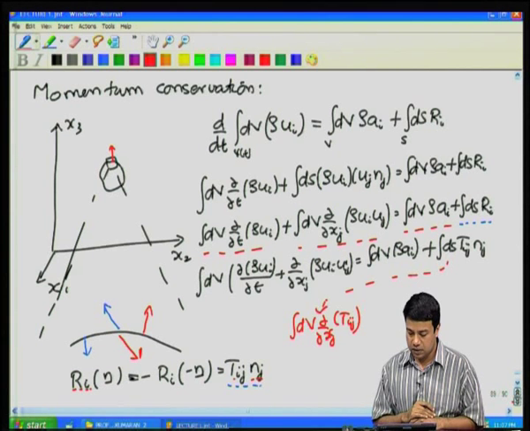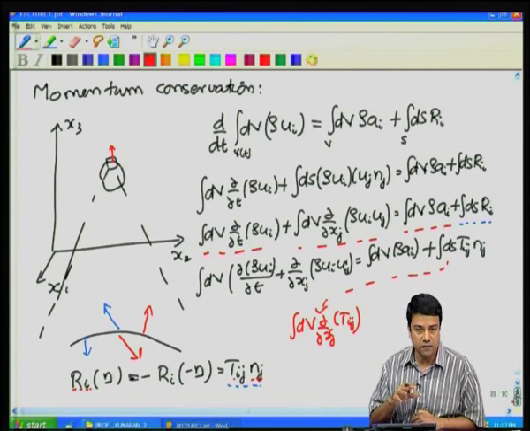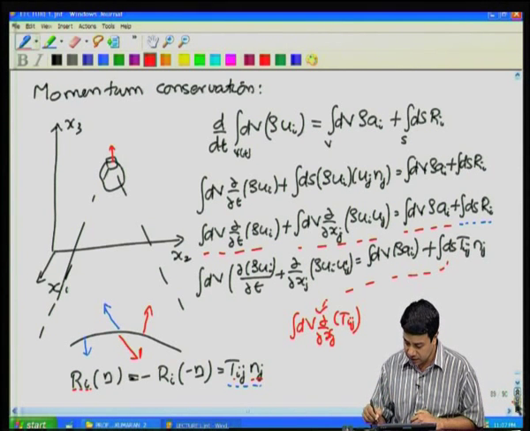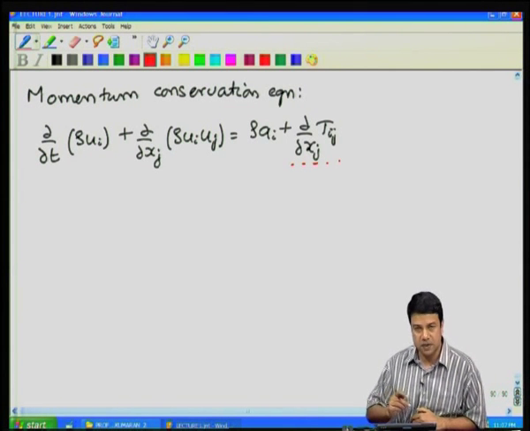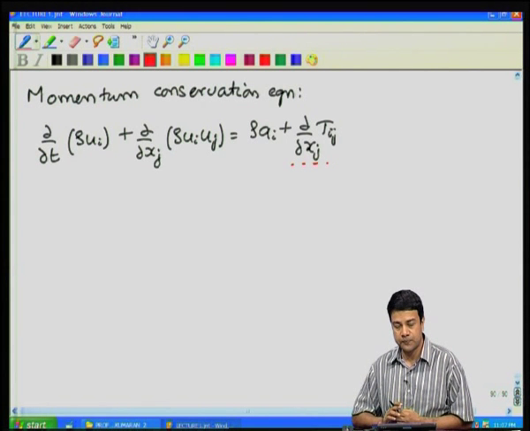Okay. There will be cases where you will see this written as minus Tij nj. That is because in those textbooks they have defined the force with respect to the inward unit normal. Here we have used the outward unit normal. In cases where you see there is a negative sign in front of this last term here, that is because they have defined the force with respect to the inward unit normal.